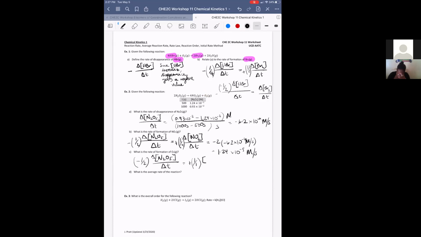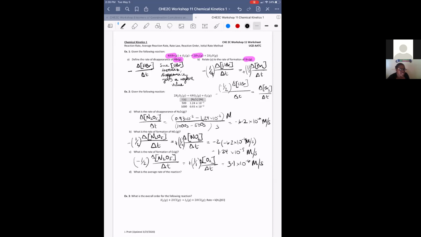Then we look at the change in concentration of O2 over the change in time, and we want to set those equal to one another. What we're saying is that half of the change in concentration of N2O5 is equal to the change in concentration of O2, and we also need to change the sign. So this value would be 3.1 times 10 to the minus 6 molarity per second.